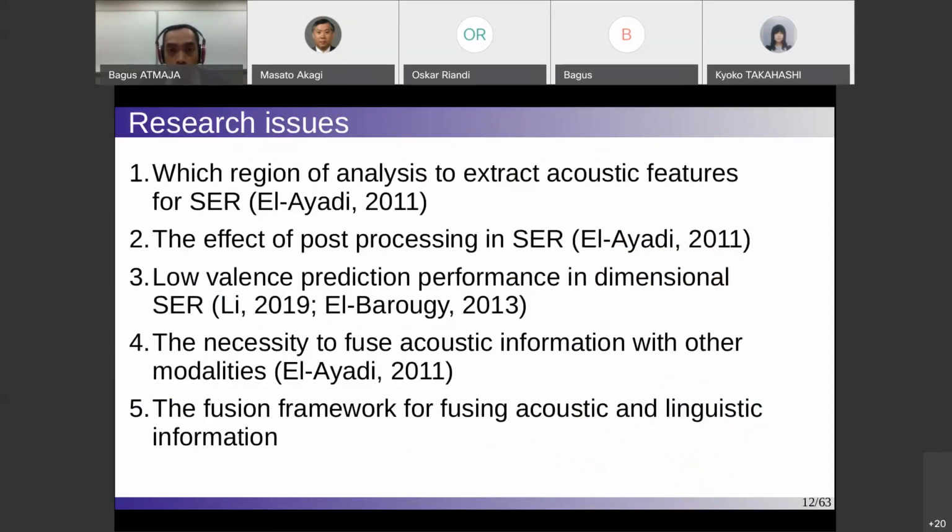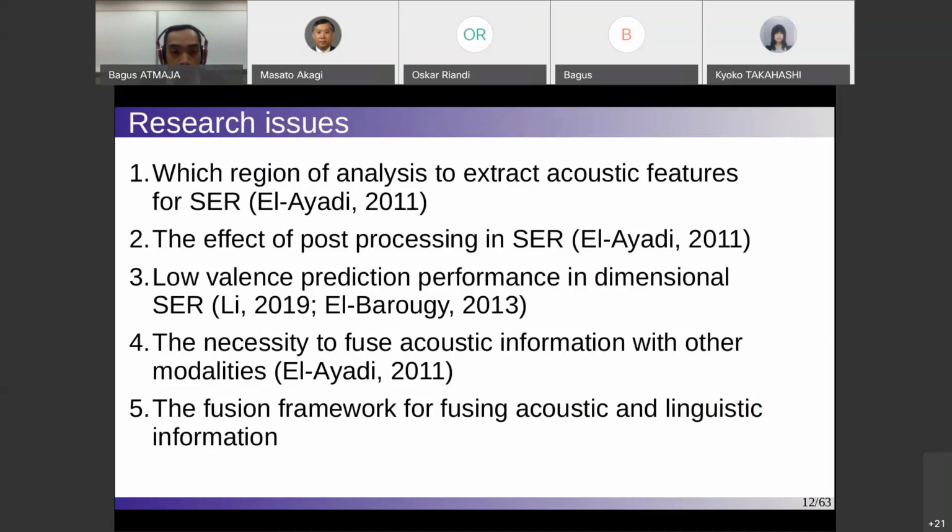And next is what research issue is to be solved in this research. Based on the literature study, I found several issues in speech emotion recognition. I highlight 5 important issues. The first is the region of analysis to extract acoustic features. The second issue is the effect of post-processing in emotion, and I choose silence in this case. The third one is low valence prediction in dimensional emotion recognition, only in dimensional in this case.